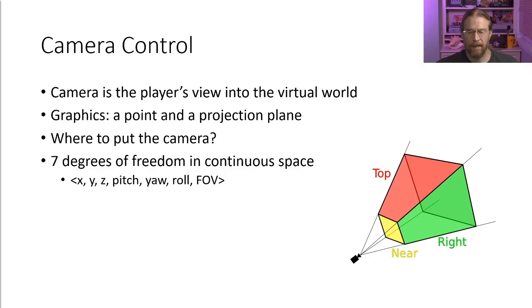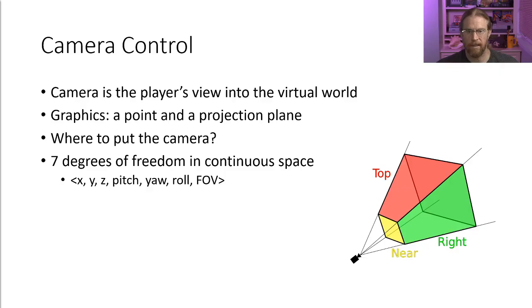Based on the field of view, we can figure out where the edges of the output buffer stretch out into space, and those would be the sides of this frustum.